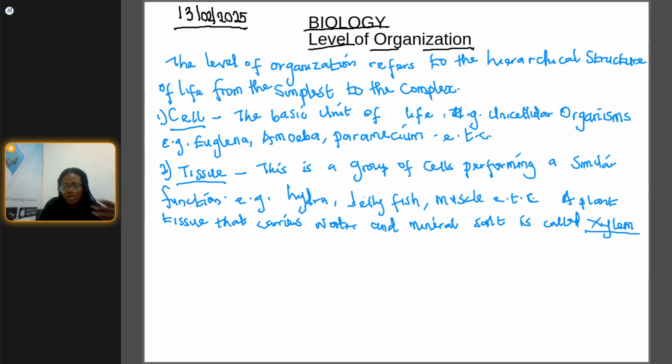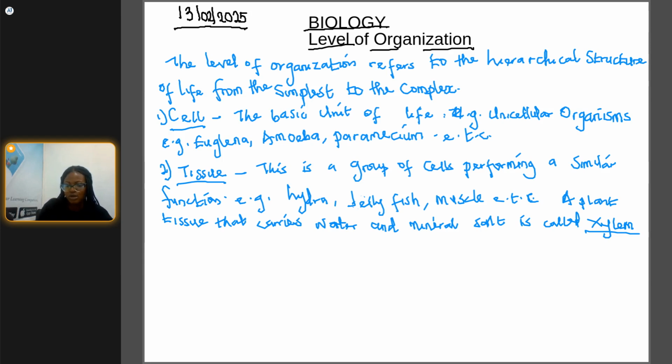This is very important. Please take note of that. Anywhere you see xylem, it is a plant tissue. So it carries water and mineral salt in the plant. That is the function of this tissue.